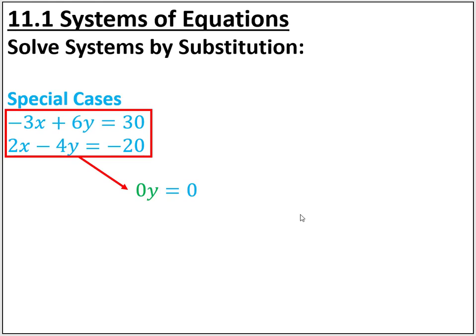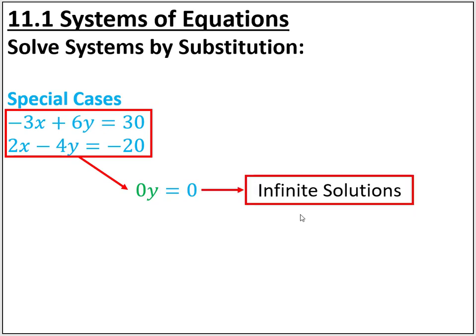The reason I kept the 0 for the y was to indicate the special cases. When you have 0y equals 0, this is one of the special cases where we finalize with infinite solutions. While you work the system using substitution, if you end up with 0y equals 0, after you double check that your work was correct, you can stop and finalize with infinite solutions.